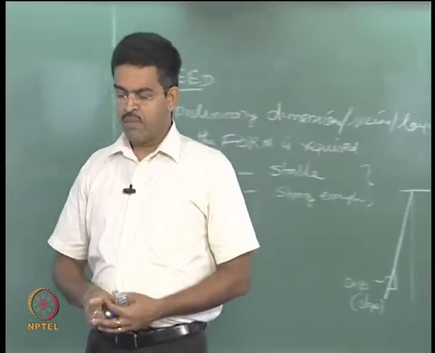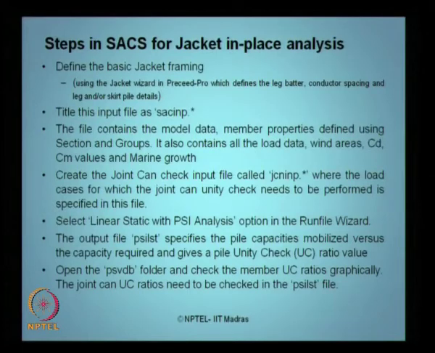So, if it is a biaxial bending scheme, or an axial plus bending, again a similar check of the combined UC ratio will be checked graphically in the file. Then the joint can UC ratios need to be checked in the PSI list file which you have created in the previous step.